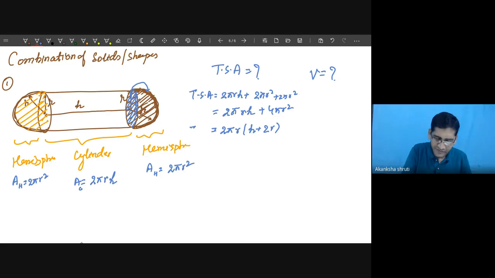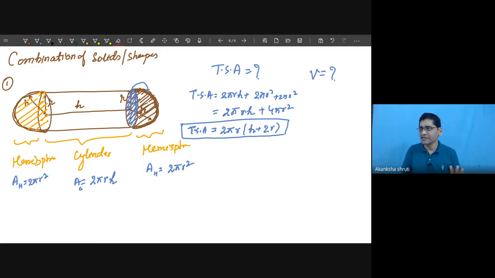So it is the TSA. Are we getting? So nothing new from the last day's concept. Very simple. Tomorrow we will learn about transformation, meaning one shape converted into another, where the volume remains constant. That concept we will learn tomorrow, not today.